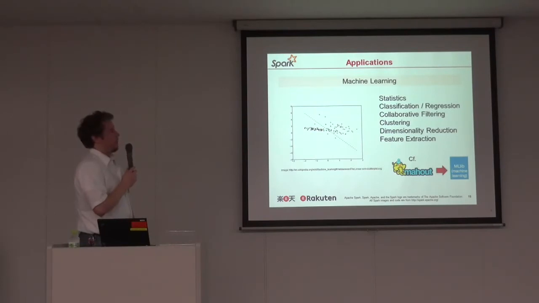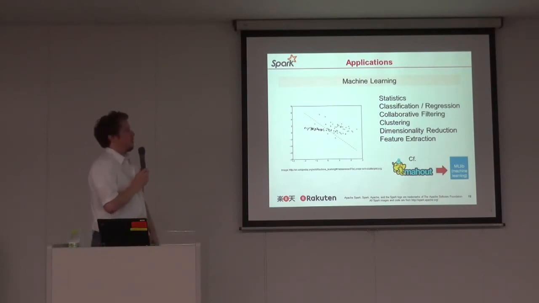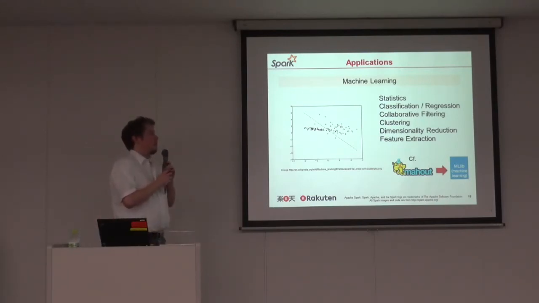Collaborative filtering, so for recommendation, item. Clustering with k-means, dimensionality reduction. Feature extraction, so you can do TF-IDF extraction. Also, you can do word2vec, which is pretty neat.